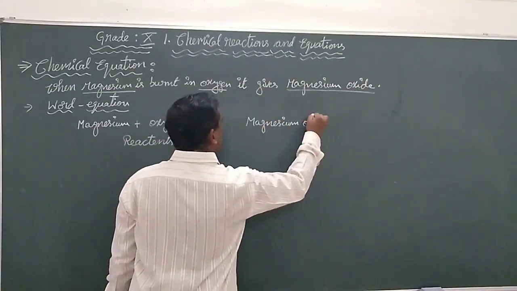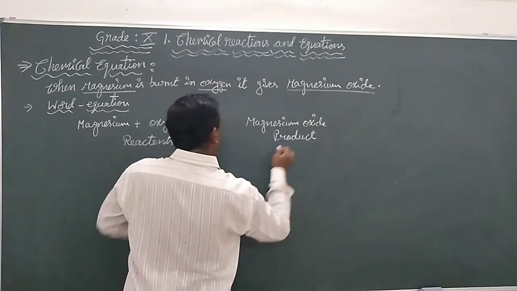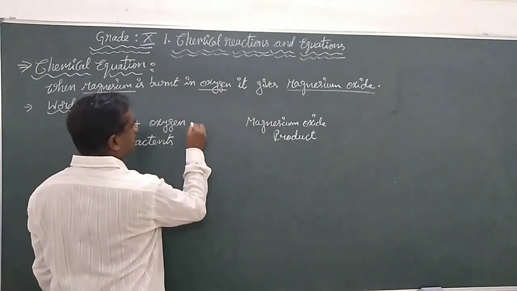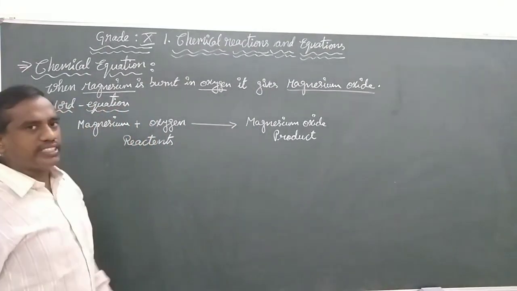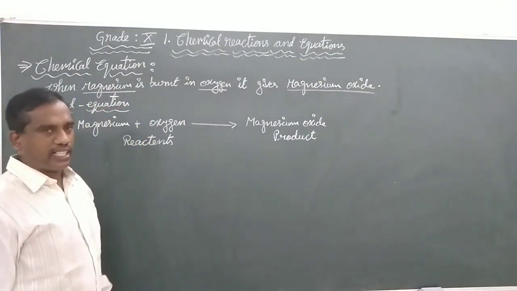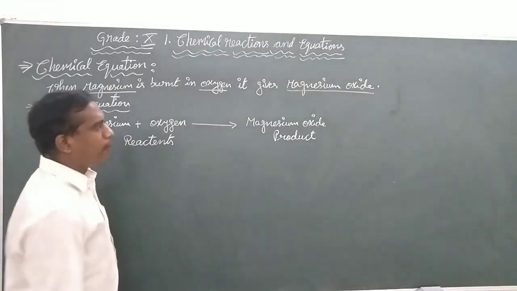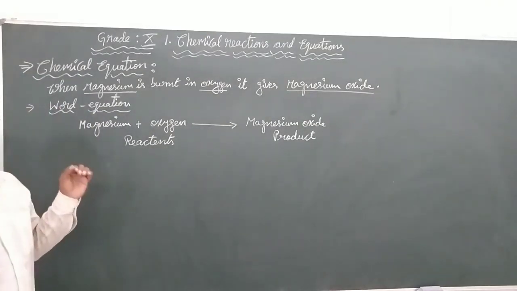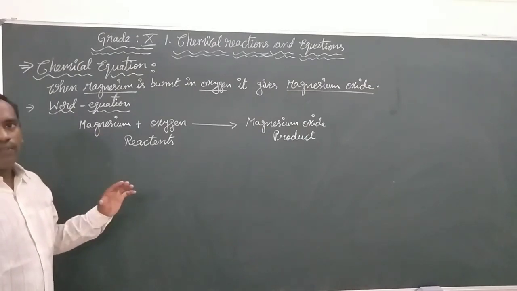The change of one substance to another is indicated with an arrow towards the right side. This indicates that the reactants are going to be converted into products. So in the word equation, we represent only the words, which makes the work simple.